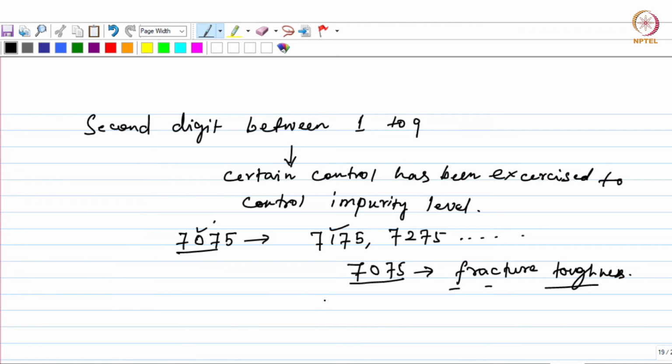And out of this, from 7175 to 7475 are the alloys which are still active and are known for their superior fracture toughness.